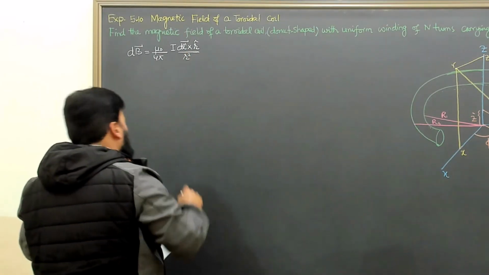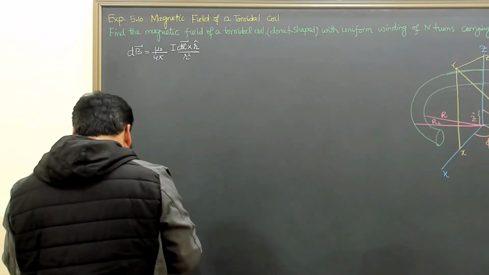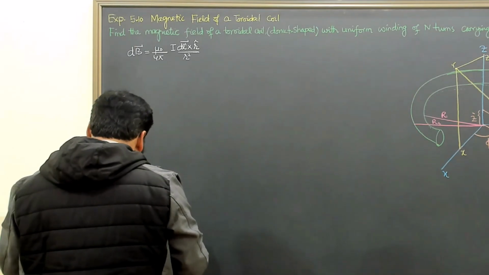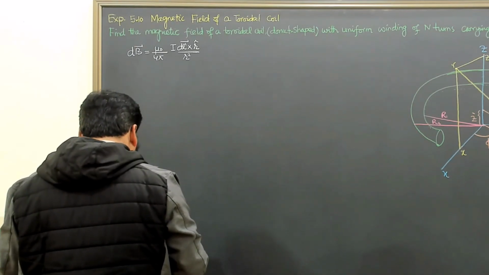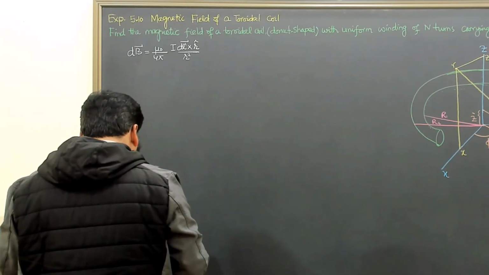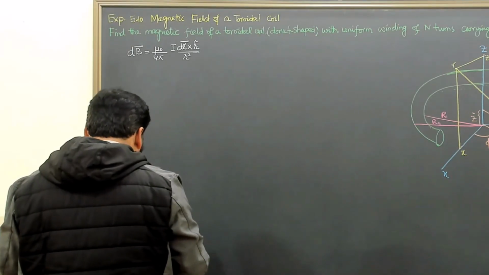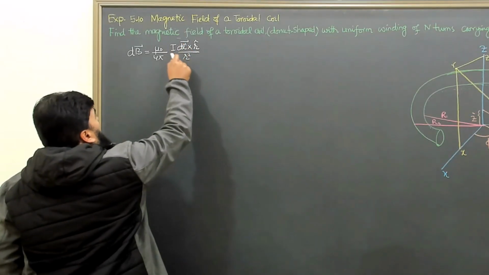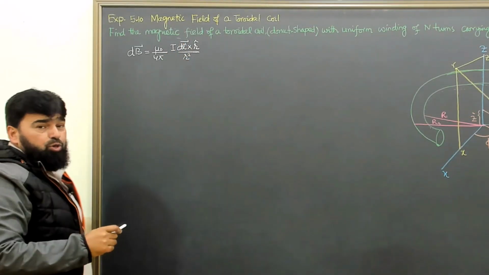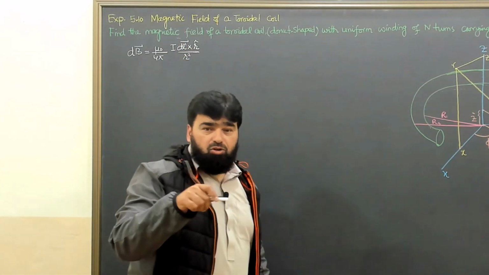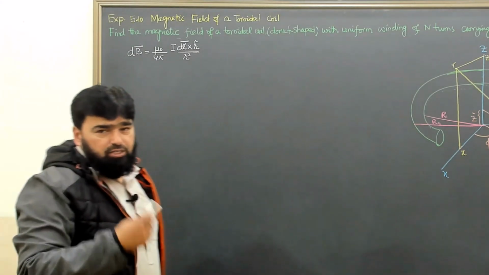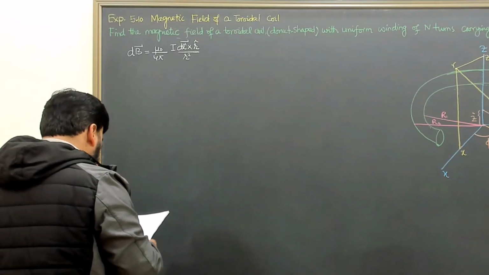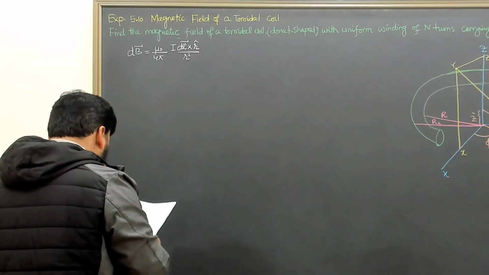This is the Biot-Savart law. We have already written this one, and now we will find the field here. Remember one thing, that sometimes we merge these two, and we can write I cross R as a vector, as I discussed in the earlier part of this chapter.